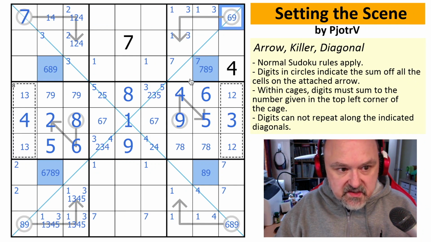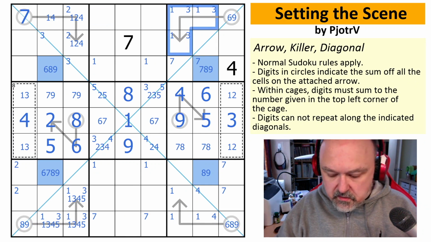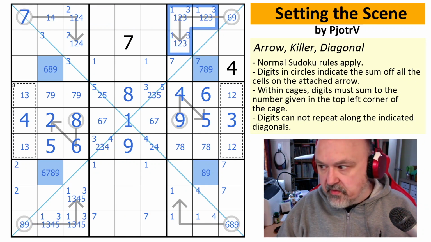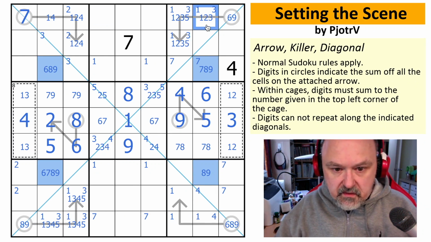So there's no 8 up there. So there is an 8 down here now. So this is 1, 2, 3, or 1, 3, 5. That can't be a 5.